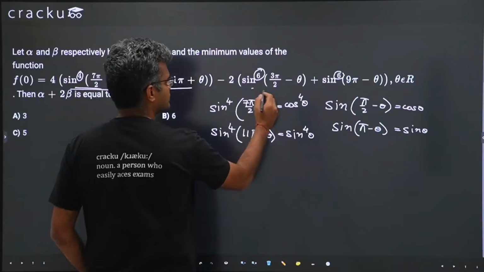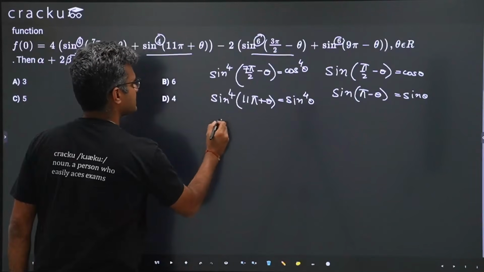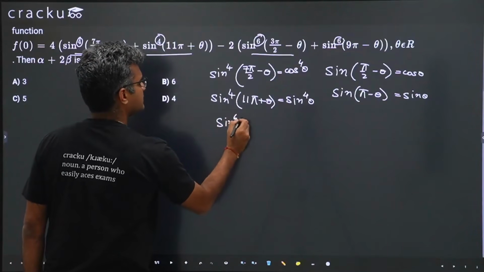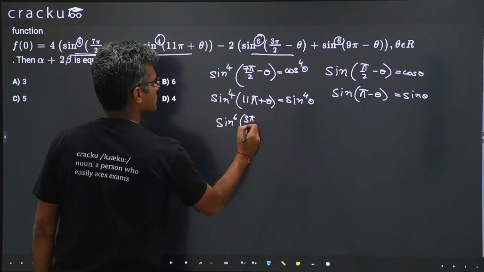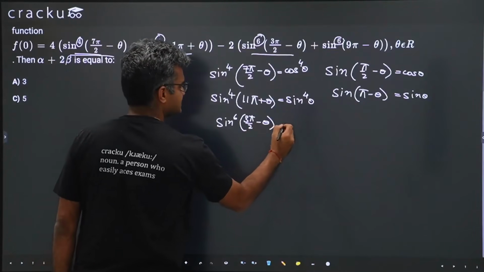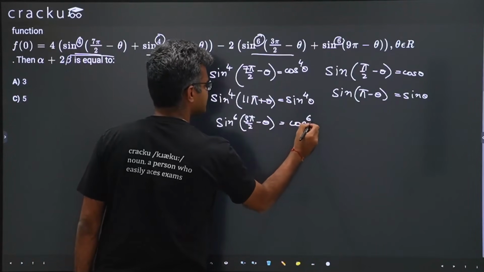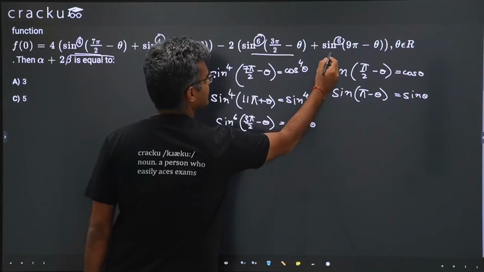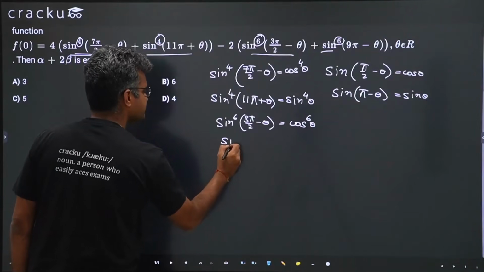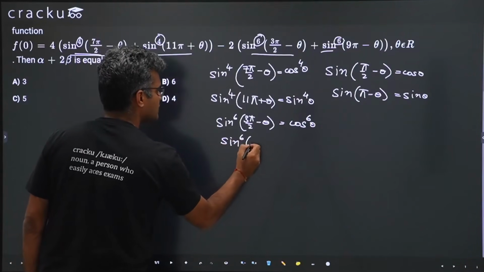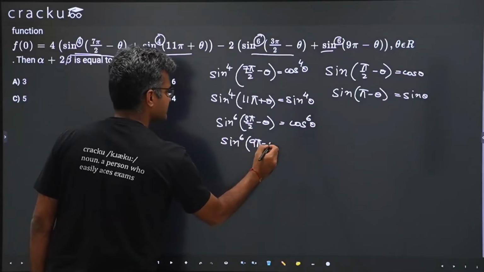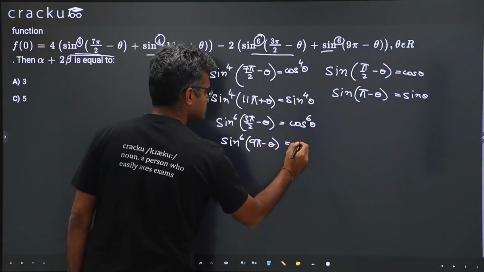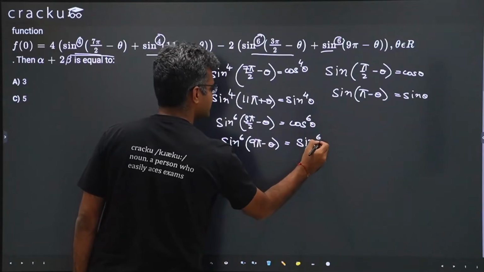We have sine to the power 6 of (3 pi by 2 minus theta), which is equal to cos to the power 6 theta. And here we have sine to the power 6 of (9 pi minus theta), which will be equal to sine to the power 6 theta.